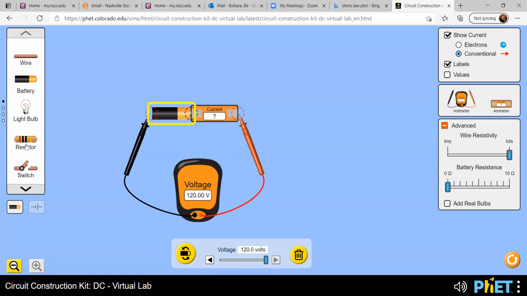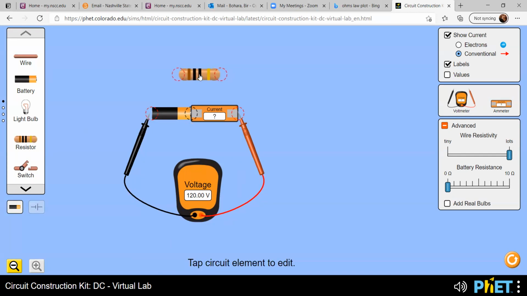So let me bring this resistor on the workspace, and let me go to the manual. What I need to do here is the table, right? So for the selected value, I can select any value I would like: 10 ohm, 20 ohm, 30, 40, and so on.